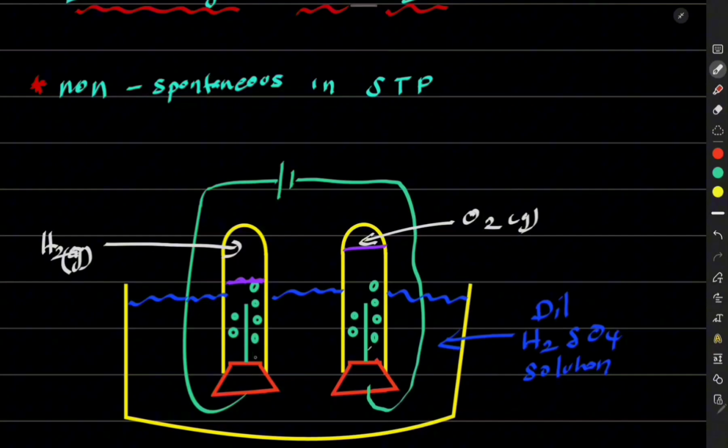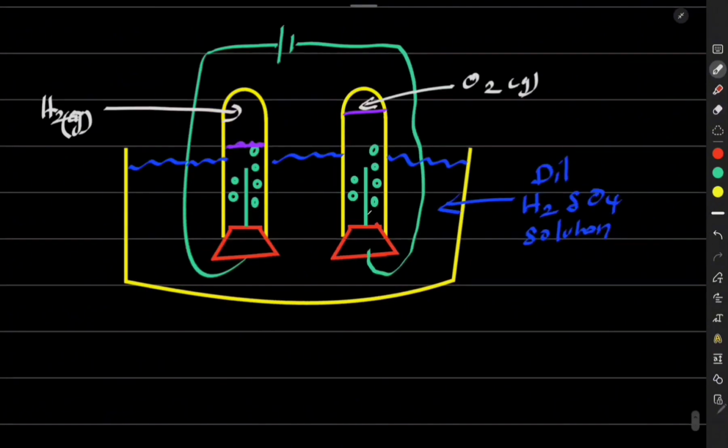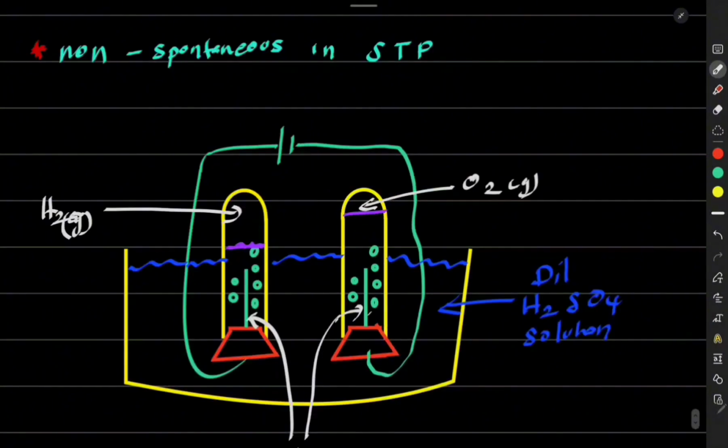Both of these are platinum wires. Battery terminals should be interchanged, and this is the plus terminal, and this is the minus terminal. This is the positive terminal, and this is the negative terminal.